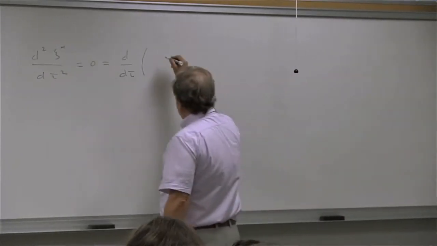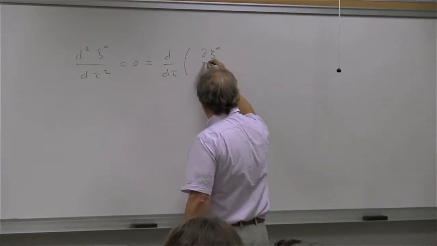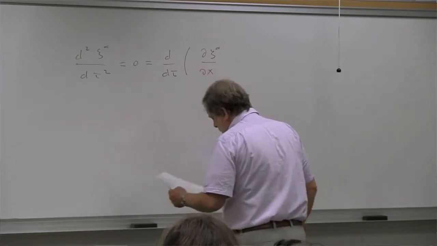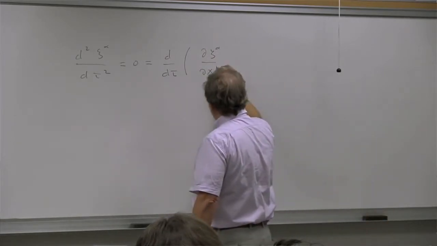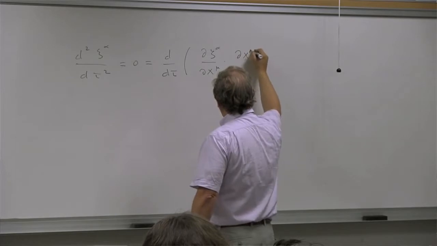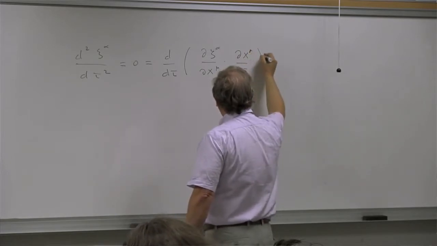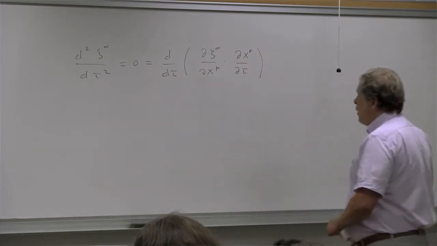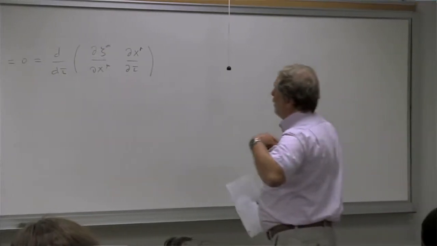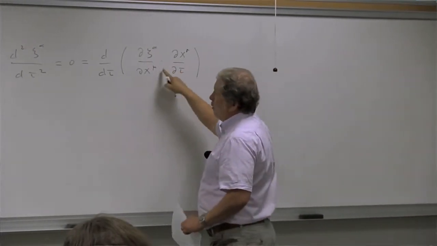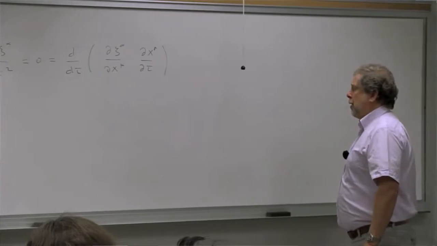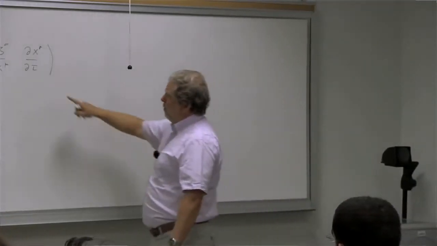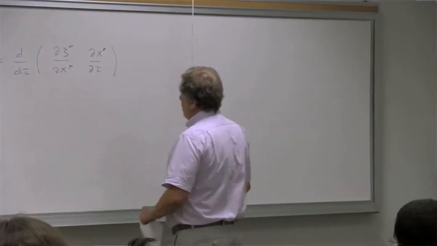And we're going to write that as d psi alpha with respect to x mu, times dx mu with respect to tau. So that's how we brought in the coordinate. Remember, differentials can be handled just like they're fractions, except that here we have a sum over the index mu.